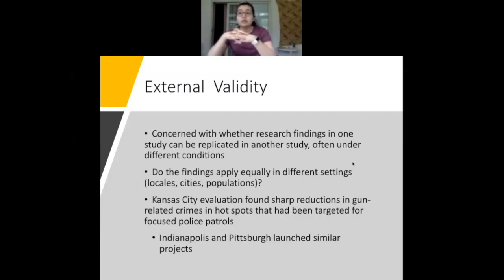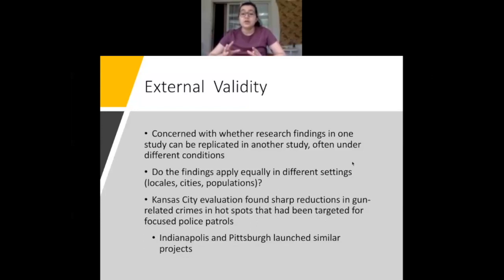And whether or not our specific study can be replicated in other areas. So it may be that our study is very context specific, and that we did an experiment within a specific state in a specific city, and the experiment worked, but the experiment is dependent on the context in which it is in.